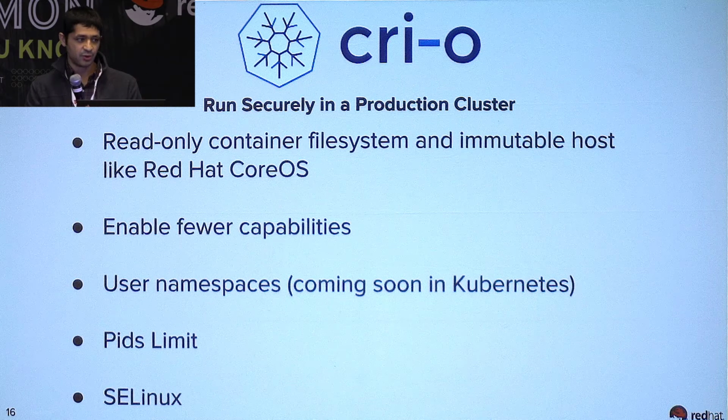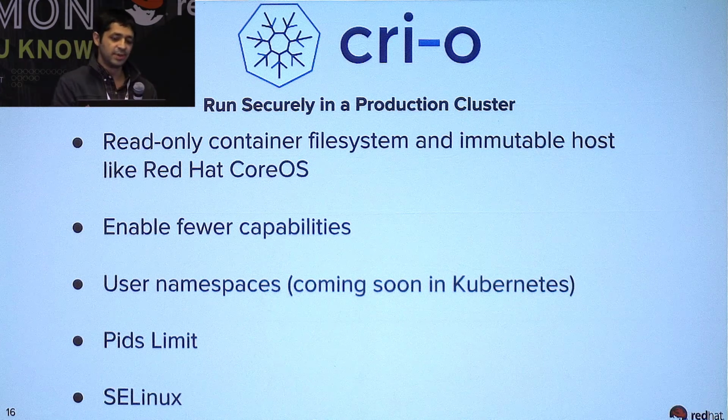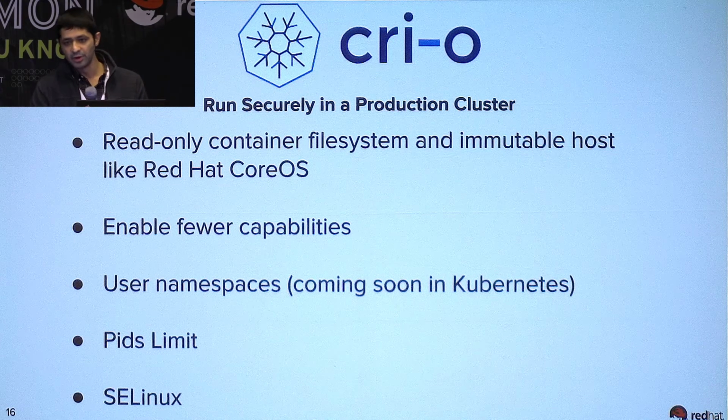However, the Kubernetes work is still in progress, and as soon as that gets merged upstream, we'll be shipping that support. Then another small thing is PIDs limit. It's for preventing fork bombs. So one of the runc maintainers added that support to the kernel, and it's set by default in cri-o and configurable in cri-o configuration.